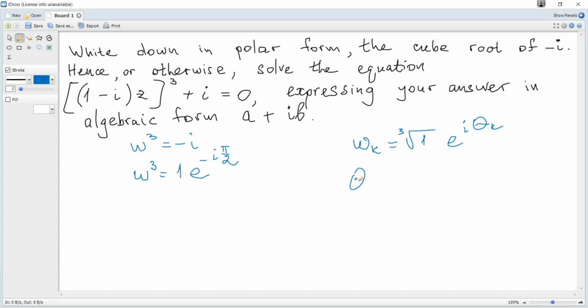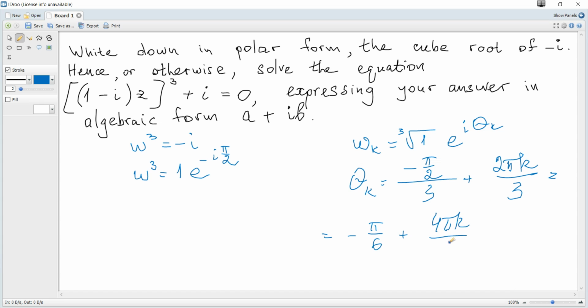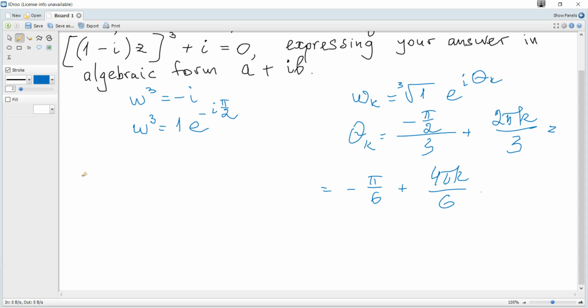It's negative pi over 2 divided by n, which is 3, plus 2 pi k, or 360k if it's in degrees, divided by n, so divided by 3. Let's simplify it. It's negative pi over 6 plus 2 pi k over 3, but let's use a common denominator to make it easier to add, so it's 4 pi k over 6. And we consider w0, w1, w2, so k is 0, 1, 2.